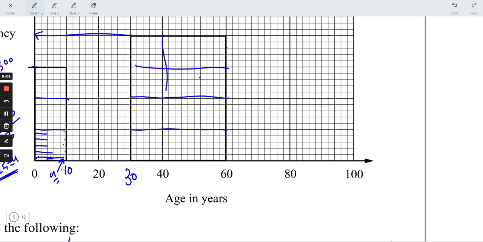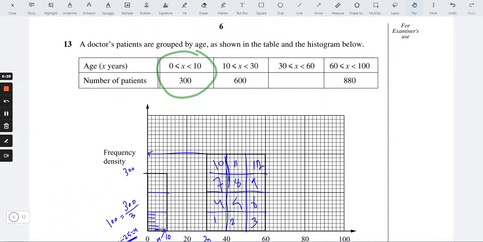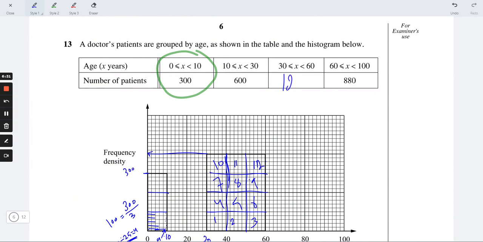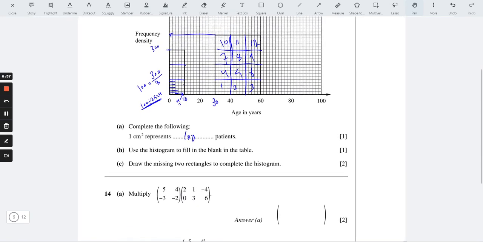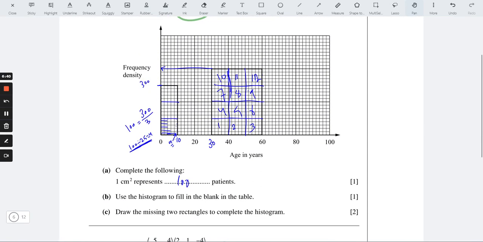Counting these squares, you will find 12 squares, 1, 2, 3, 4, 5, 6, 7, 8, 9, 10, 11, 12. Each box represents 100, so 100 times 12 is 1200. So we filled the blank with 1200.